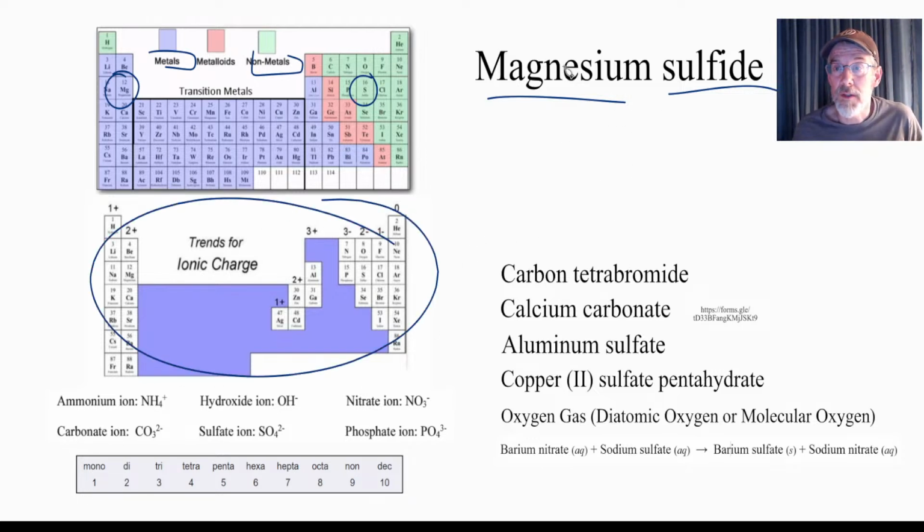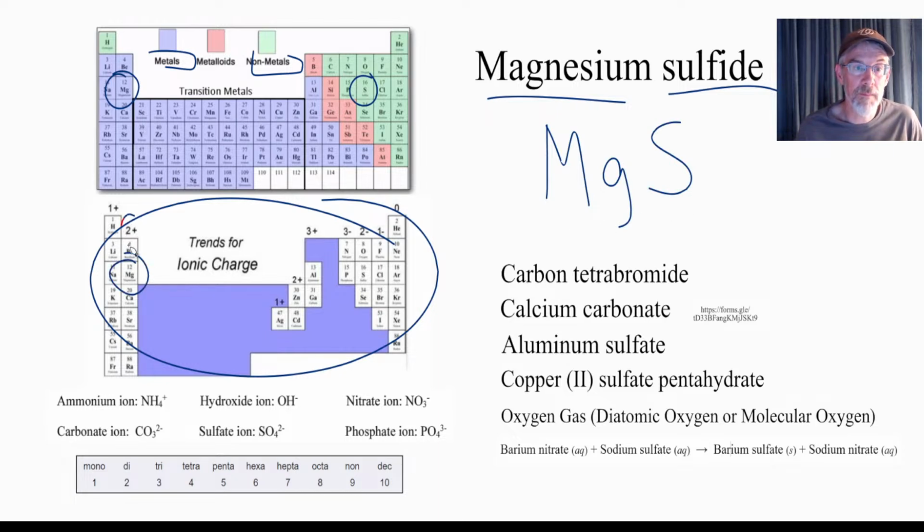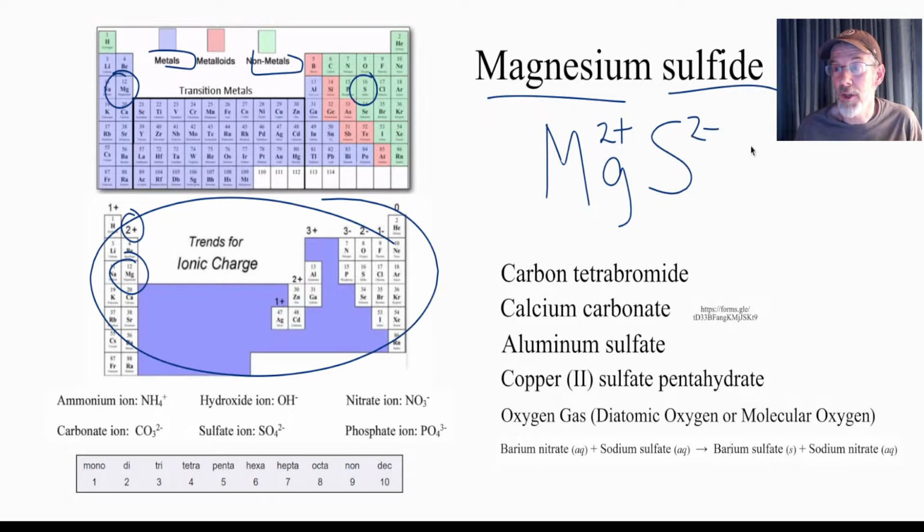So all we really need to do is write Mg for magnesium and then S for sulfur. Then we look the charges up. Magnesium, all of these in group 2 are 2 plus, and then sulfur there with oxygen, 2 minus. Since the charge is balanced, we're good. That's the formula for magnesium sulfide, MgS.